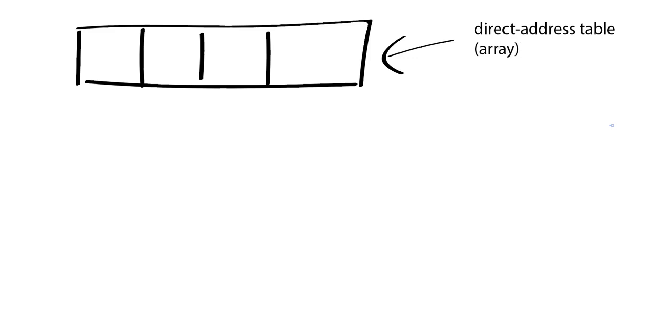A direct address table is just an array where each of the keys in the dictionary produces some index into the array. So keys produce indices into the array.